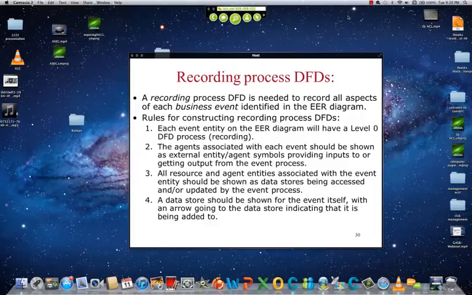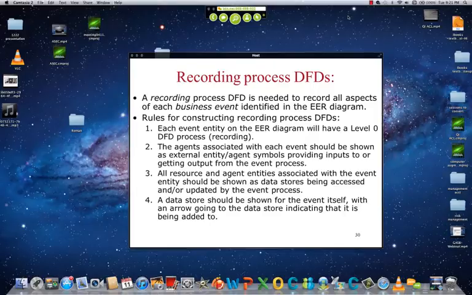So for each event, you will have a circle, this process. Then each agent associated with this event should be an external entity. Agents are people who participate in business events. So each agent should be denoted as an external entity on the DFD diagram. First you have events, and you create a circle for each event, an information process for each event.